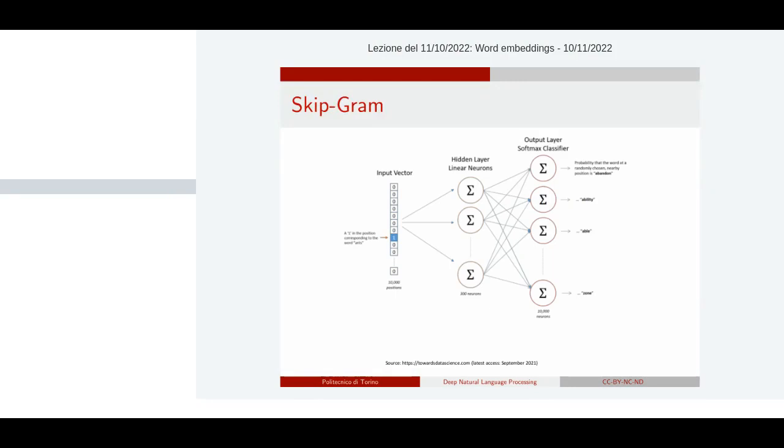And then you have the softmax, which returns the probability distribution, for example, here on the right-hand side, the probability that a randomly chosen word is nearby, in the neighborhood of the target word. You have one probability value for each of the words in the input vocabulary. Of course, most of the words have a probability which is almost 0, and only some of them are likely to have a non-zero probability of occurring in the neighborhood.